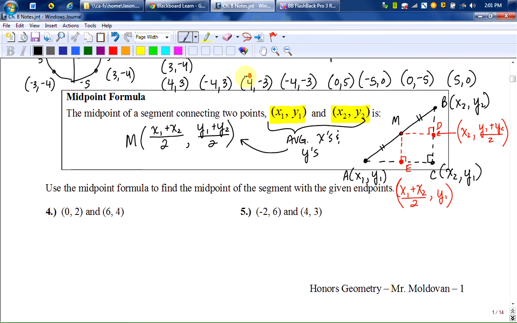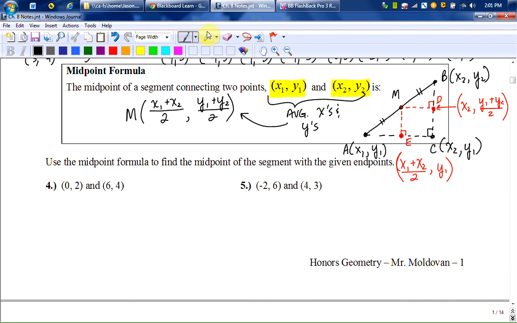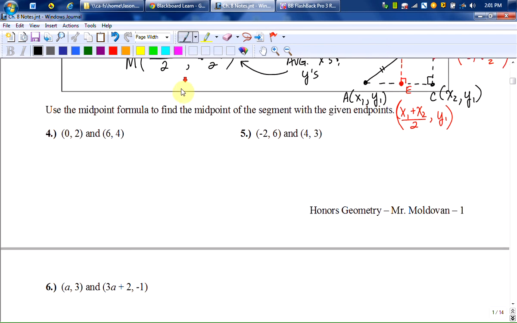So the midpoint formula, pretty simple, but do note that quite frequently we're subtracting things, like with the slope formula or the distance formula. With the midpoint formula, we're adding. So we'll add and divide by 2, add and divide by 2. Add the x's, add the y's. Pretty simple. Let's try another one, number 5.